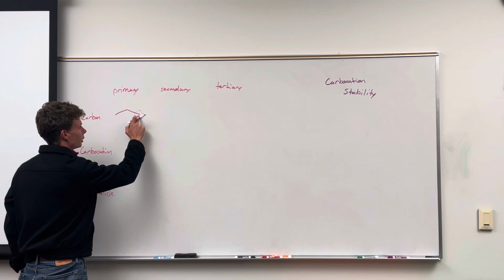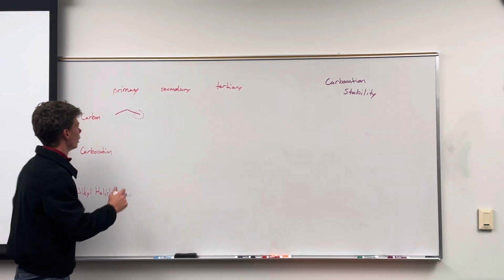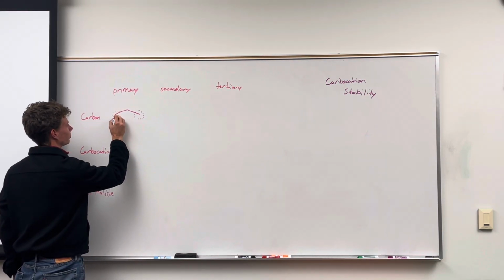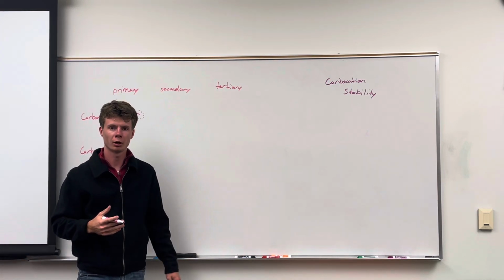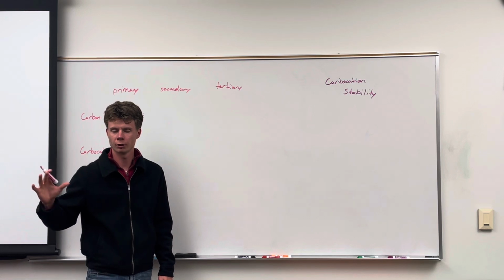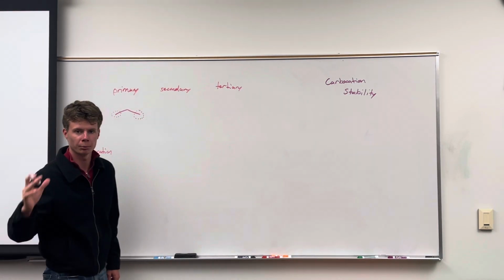Notice how this carbon here is bonded only to one other carbon. This here as well is a primary carbon. There's one carbon group on it, three hydrogens. It could be three groups of any kind, so long as it's bonded to one carbon, that's a primary carbon.